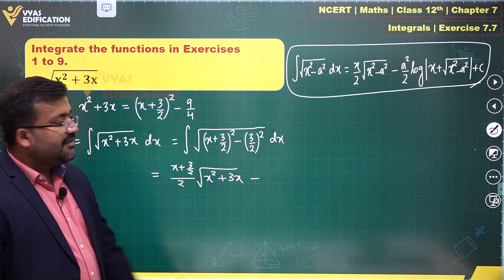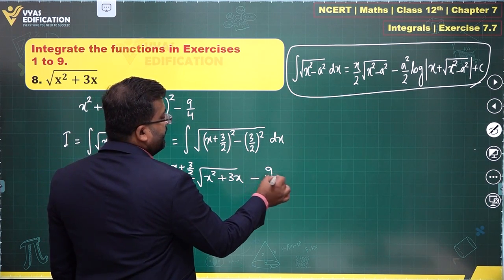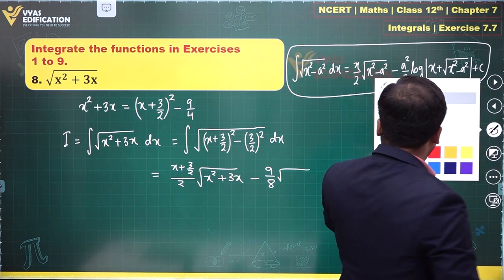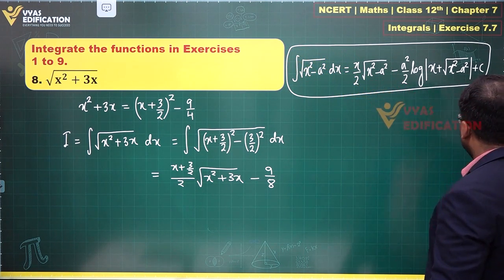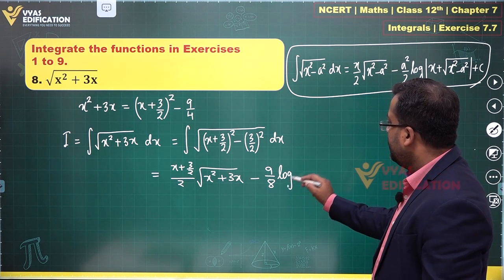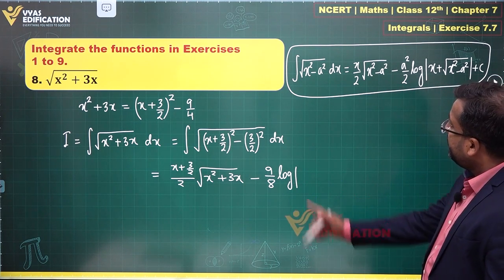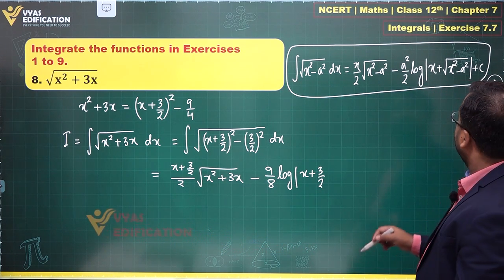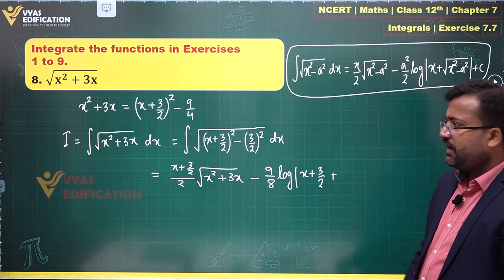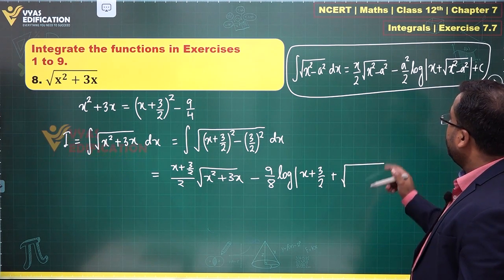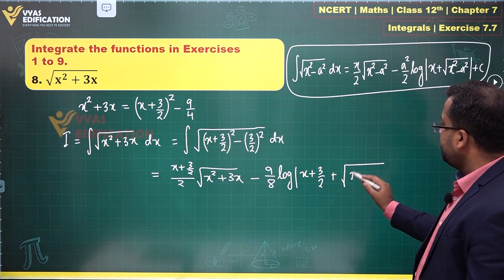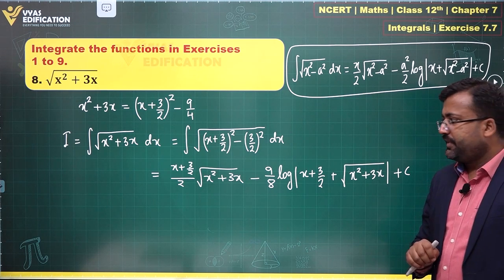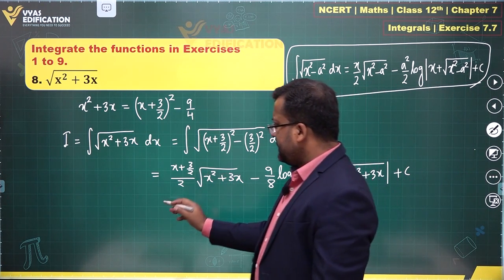What is a square? 9 by 4, by 2 becomes 9 by 8, and there's a log, log modulus of x plus 3 by 2, which is a linear function of x, plus under root of x square plus 3x, plus constant. This is what you'll be getting. There's one step which has to be simplified.